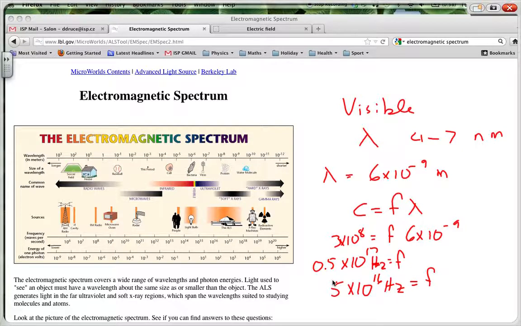You're looking at like 10 million billion oscillations per second. So the electrons that cause this, the vibrating particles that cause this, were vibrating every single second 10 million billion times.